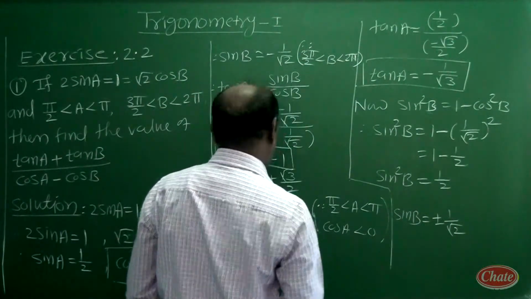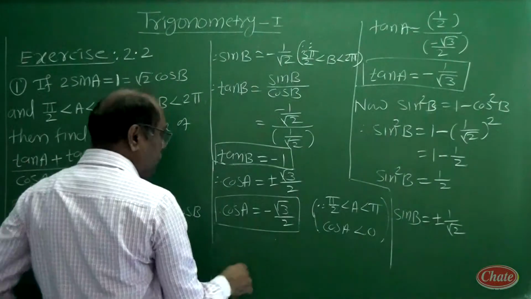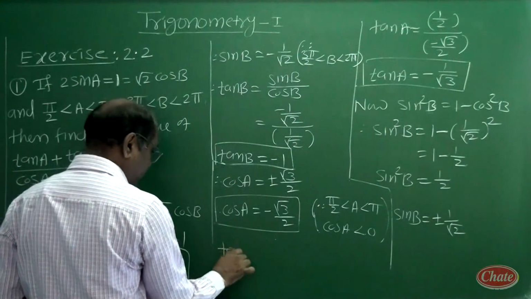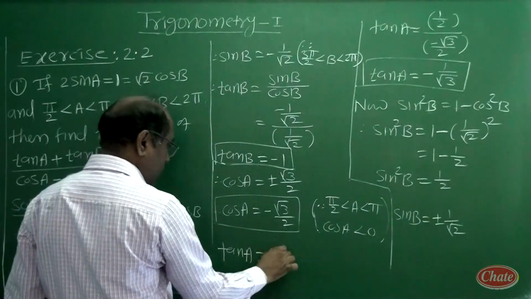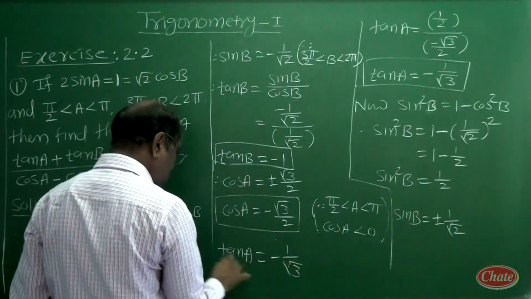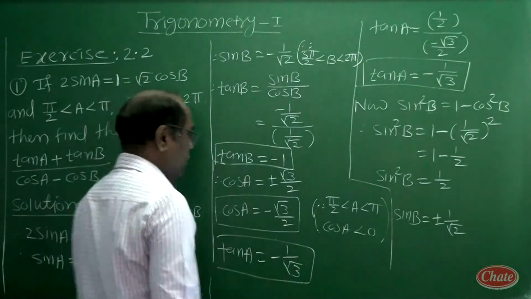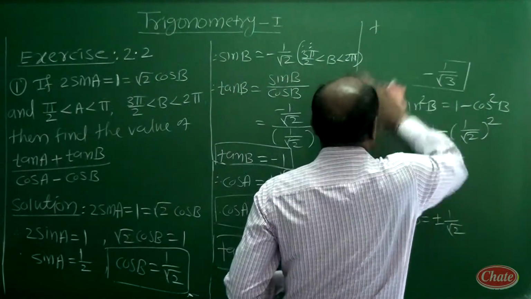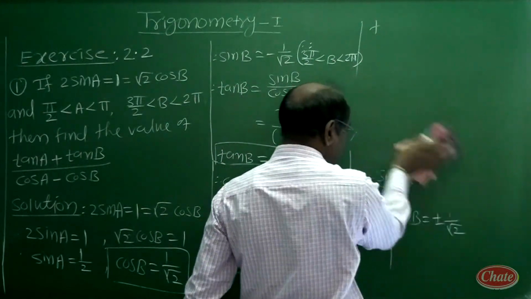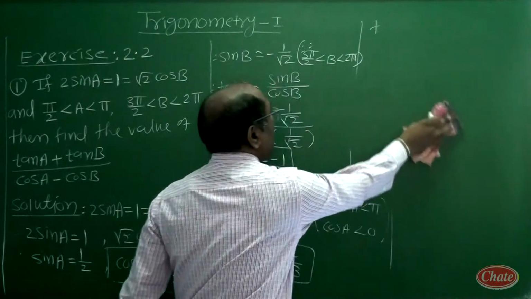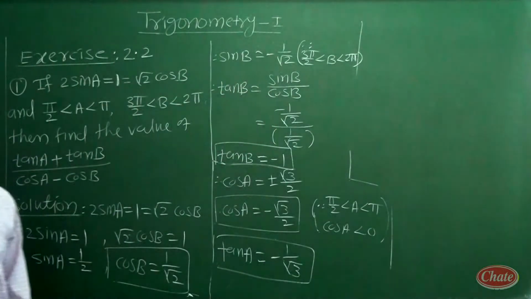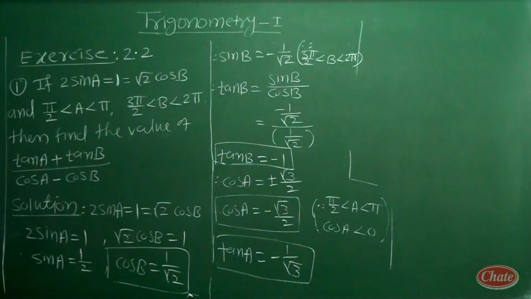Now here we have to write down the value of tan A. Tan A is equal to minus 1 upon root 3. Now here we have to find out the value of the given expression. What is the given expression?